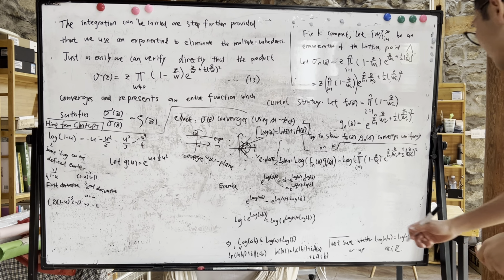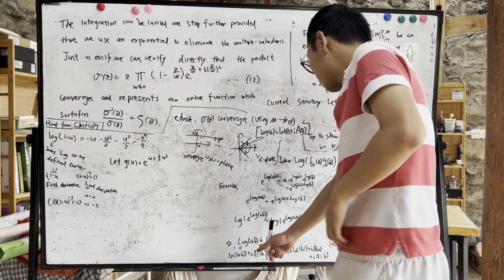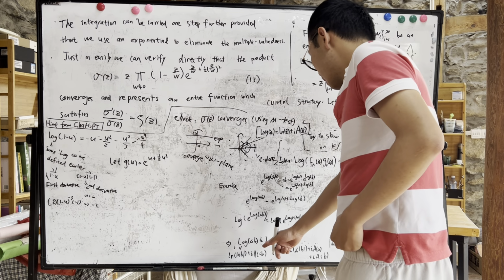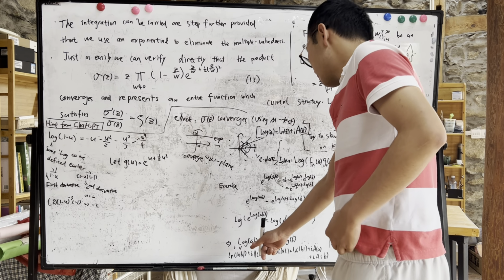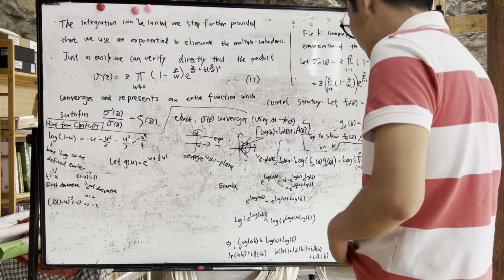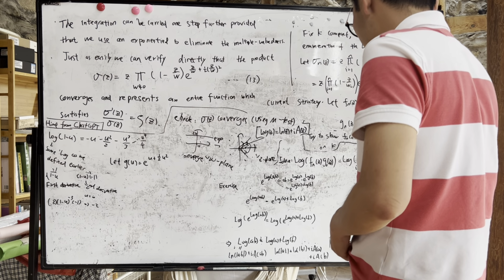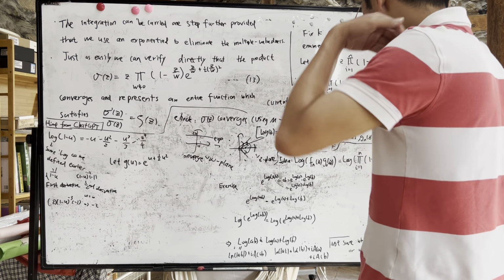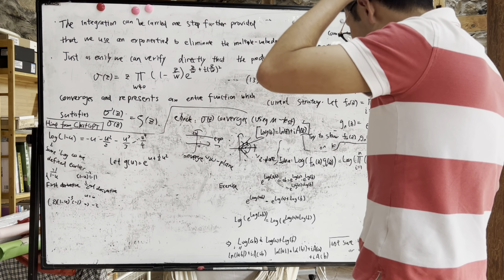So we know for sure that for the real log, the real log of AB is just equal to the real log of A plus the real log of B, right?